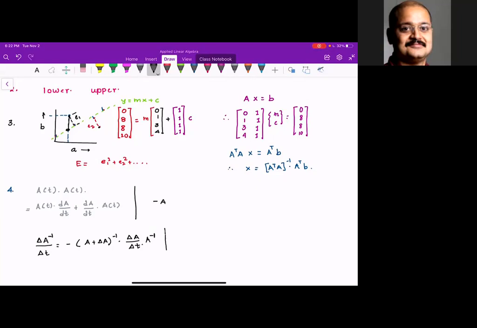Just bear with me for a second. Let me look at my notes here. I will say 2 times dA by dt plus d square A by dt square. Okay, let's look at all these answers. Page 163.